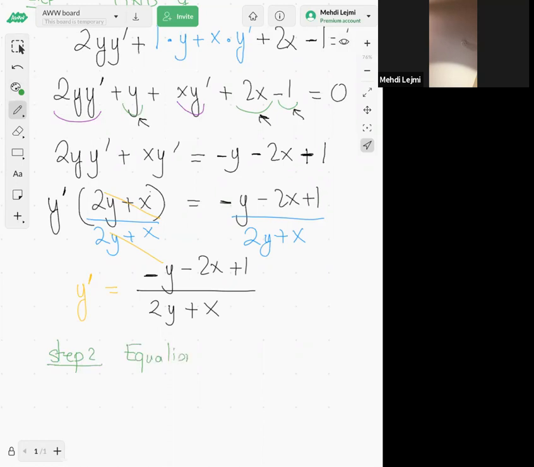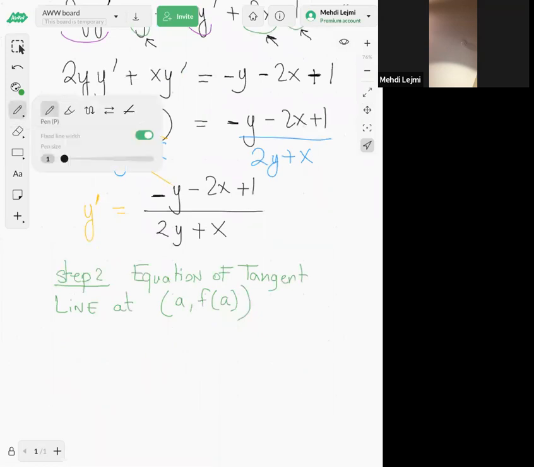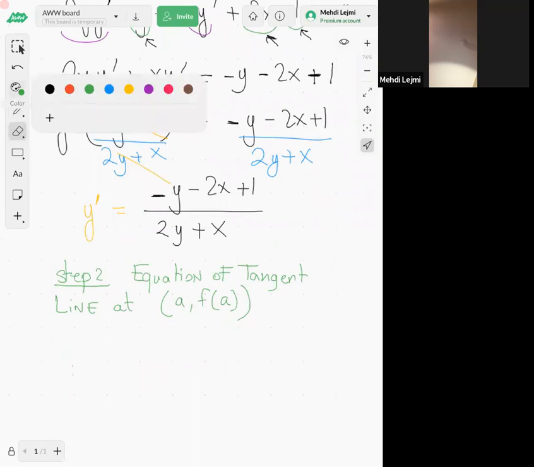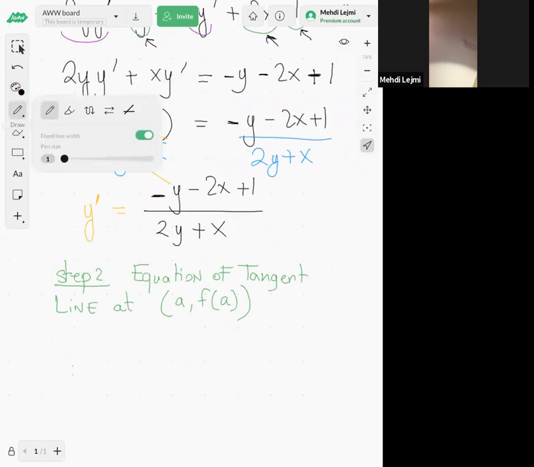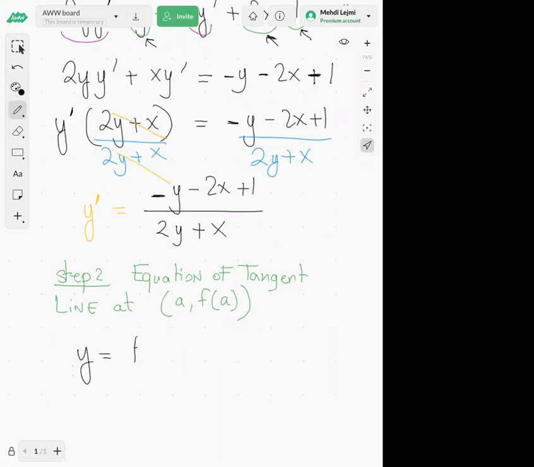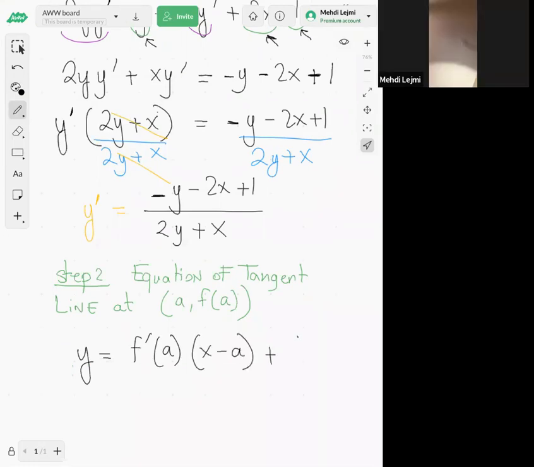The equation of the tangent line at the point a, f of a, is y equal to f prime of a times x minus a, plus f of a.